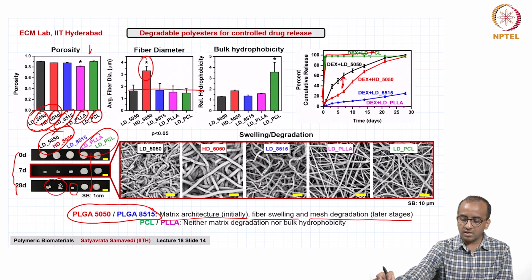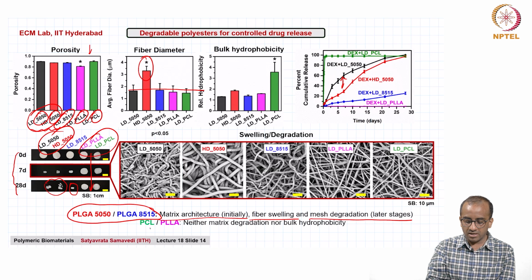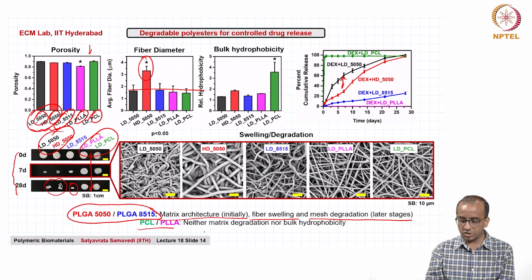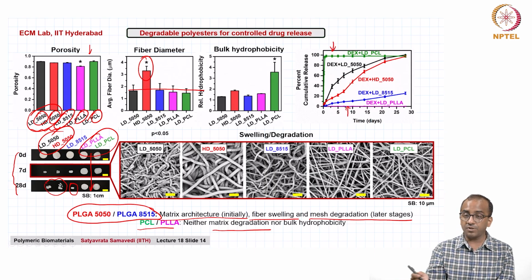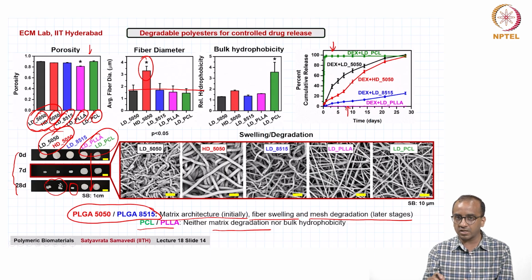But this still does not fully explain why PCl and PLLA, which do not degrade much, behave so differently: one of them releases the drug very rapidly, one of them does not show any appreciable release over the time period that we have studied.